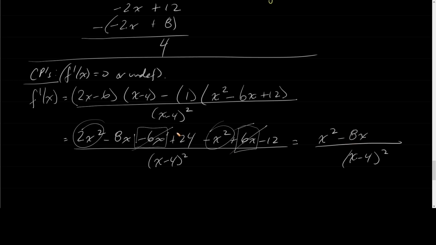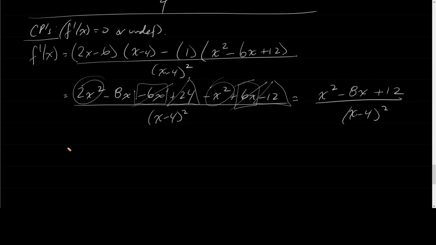The constants, 24 minus 12 is positive 12, right? And now, in here, I can actually rewrite this. This actually becomes x minus 6 times x minus 2, all of this over x minus 4 squared.